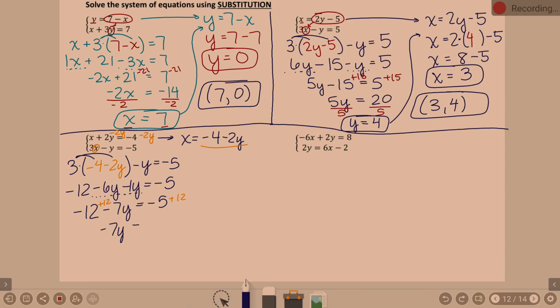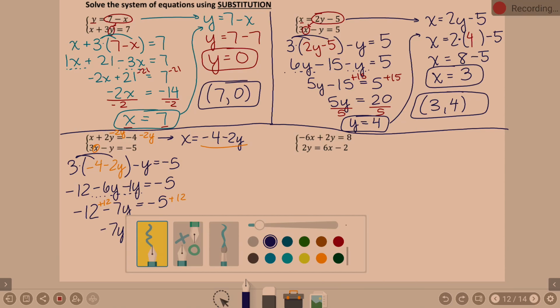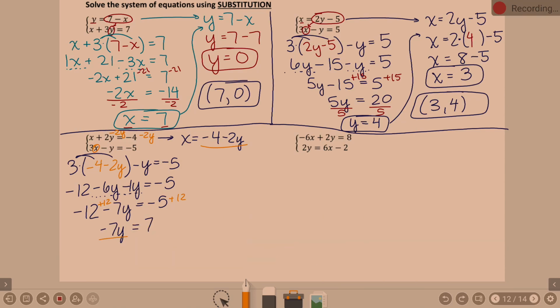Negative 7y equals negative 5 plus 12 is positive 7. If it's negative 7y, I'm going to divide by negative 7, and y is negative 1. Okay, is your y and that's my y. Okay, that's all that matters, right?